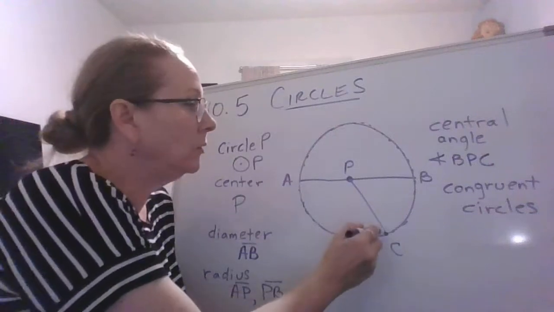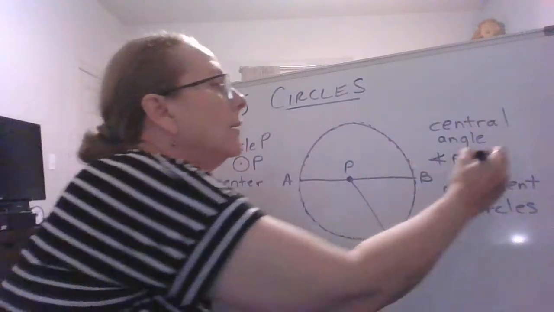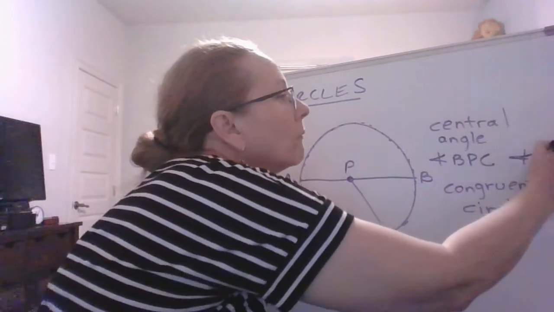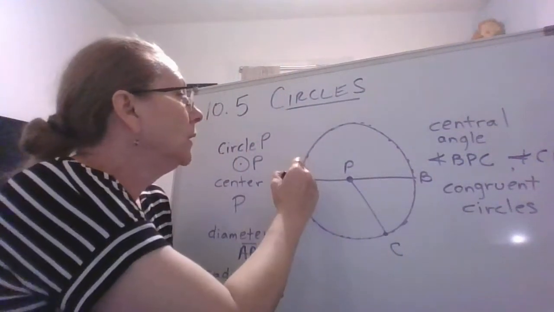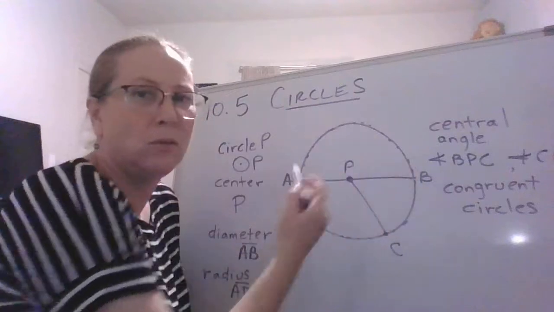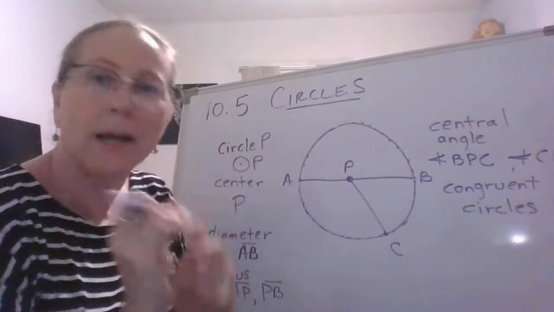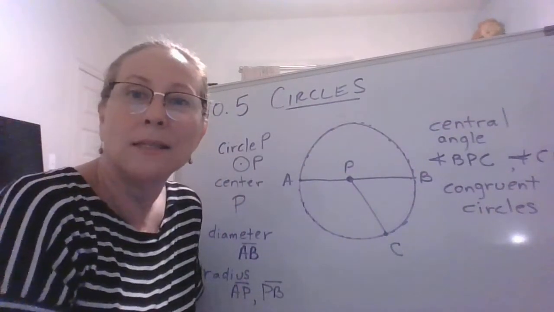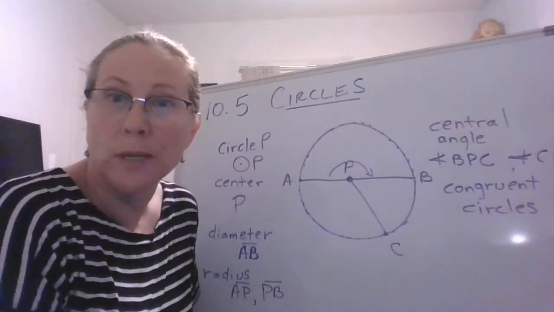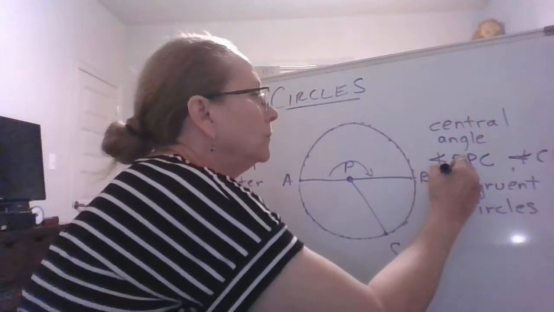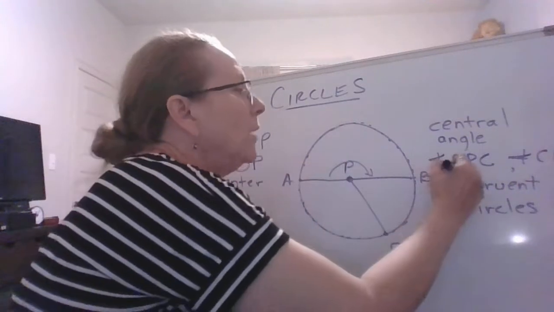Another central angle, CPA. Another central angle, APB. You're like, but that opens up all the way. Well, yes, it does. And it makes a very large angle here, a 180-degree angle, but still an angle. BPA or APB.